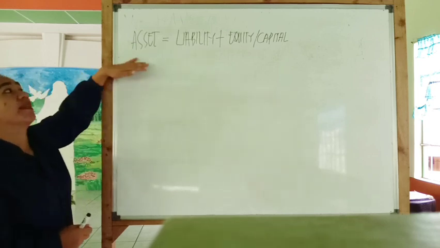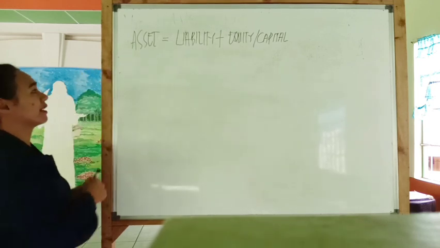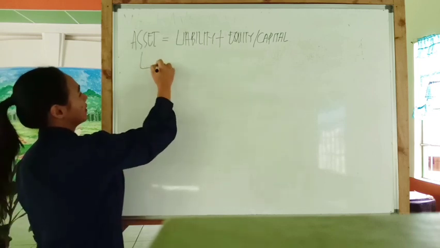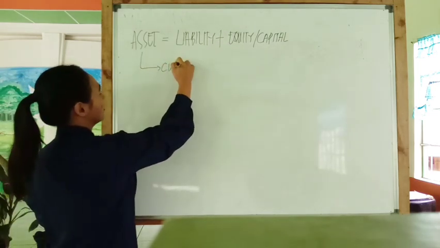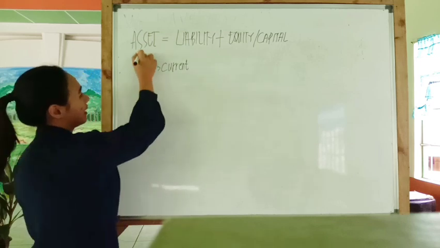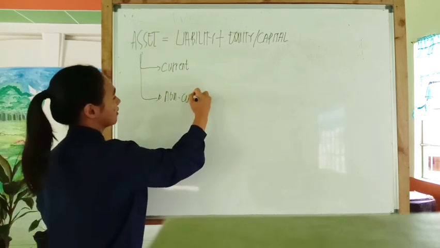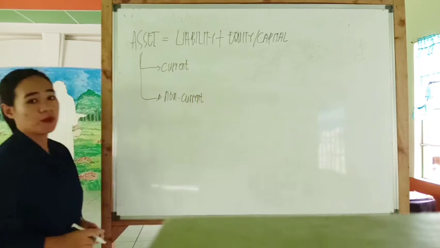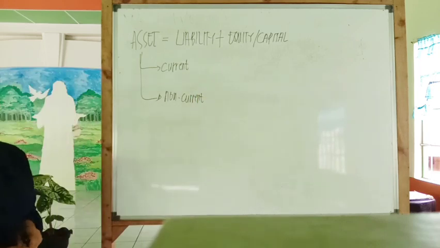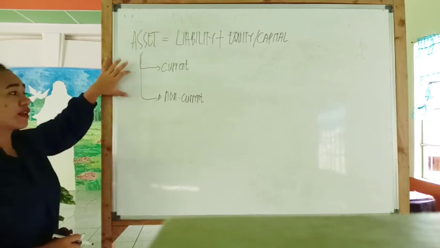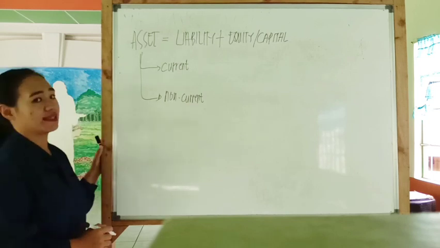So, una, asset. Sabi natin, current. And then, sabi natin, non-current. So, in the module that I gave you, or in the notes that I gave you, there are listed examples of current asset and non-current asset.